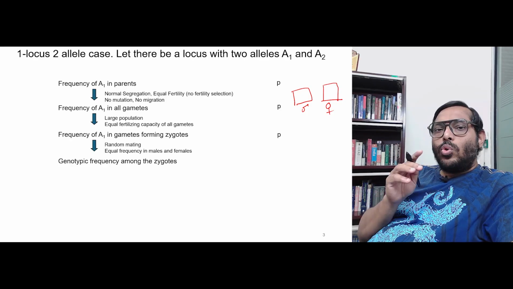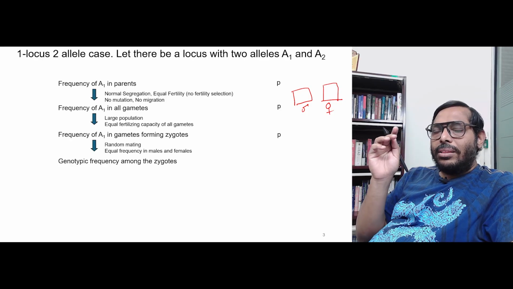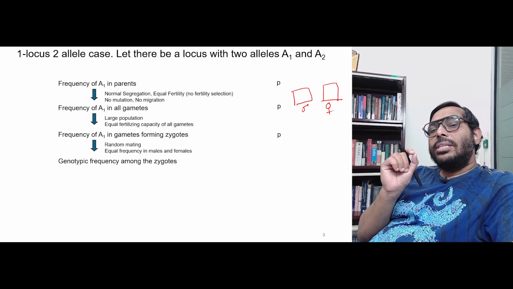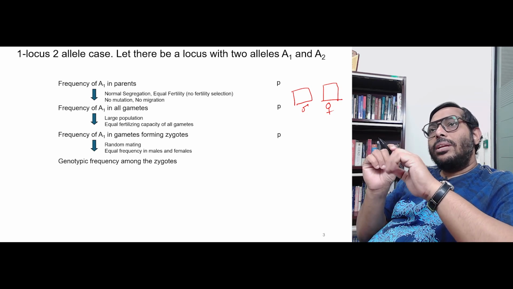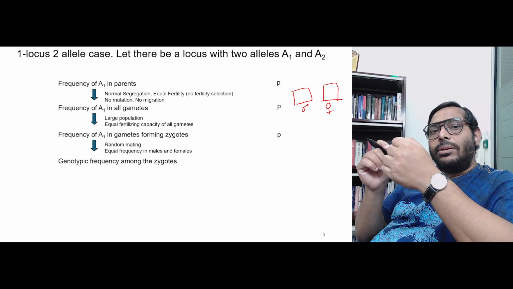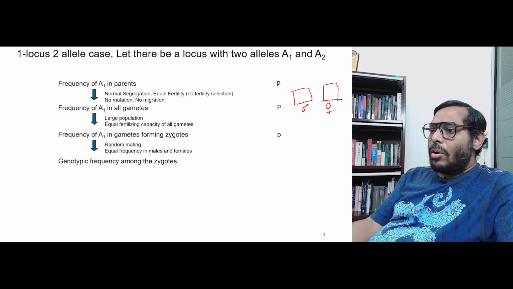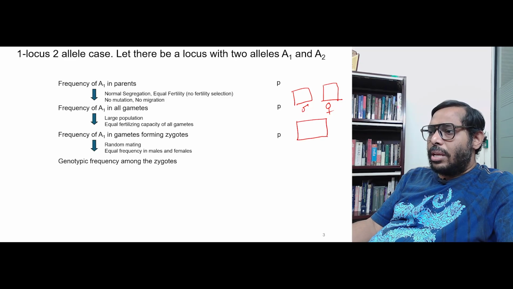Now, if the two probabilities are independent, then you have a very nice result from probability theory, which is that the probability that both of them are happening together is essentially the product of the two. So, what we can do is we can essentially make what is known as the Punnett square.